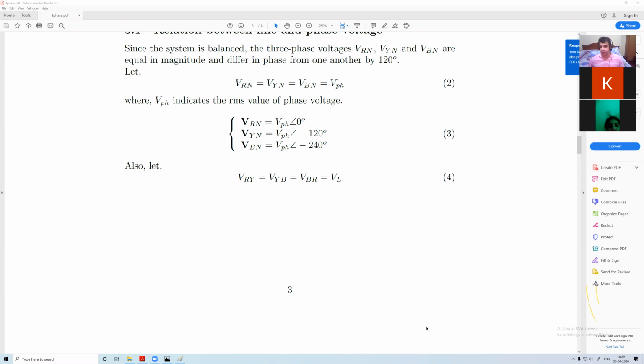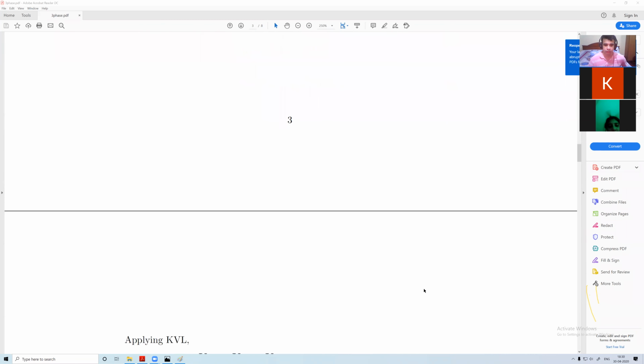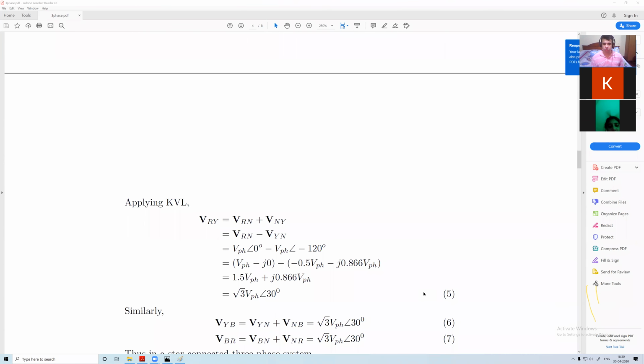Is it visible what I have written? Okay. So we can vectorially add the phasors VRY, that is VRN plus VNY, that is equal to VRN minus VYN.